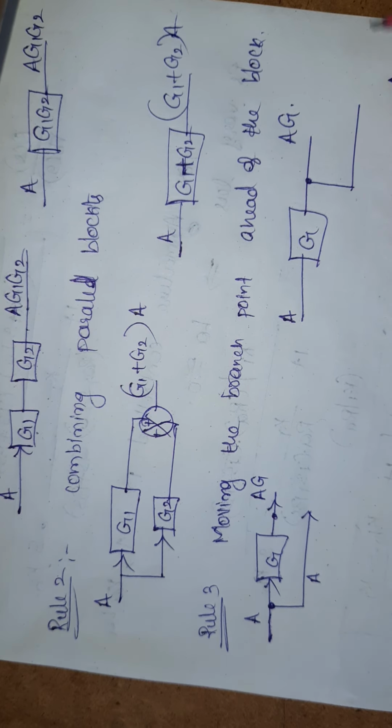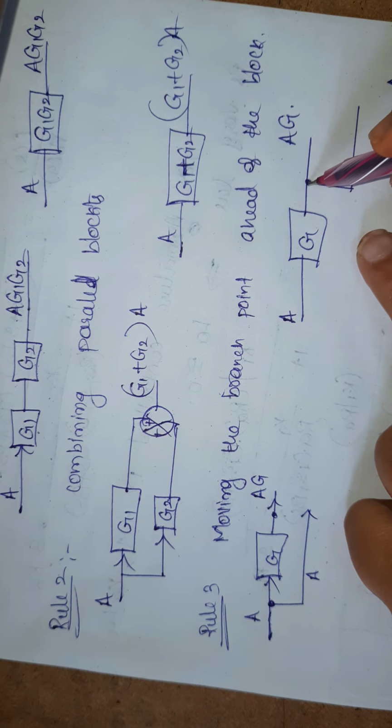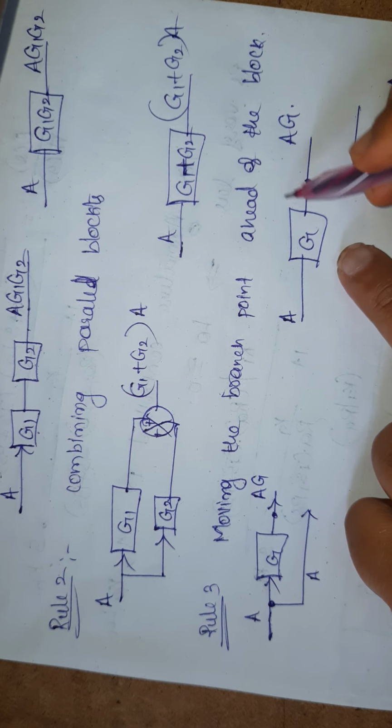If I place a branch point here, the branch is taking a section of AG.